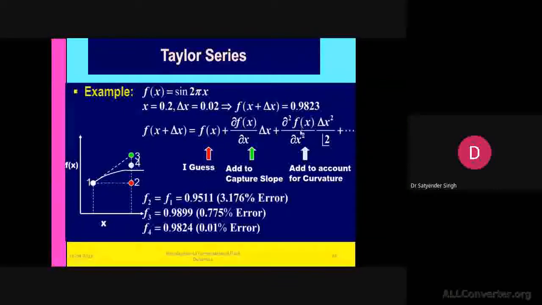For a second order differential, if we have to capture the curvature, let's say you have to capture the boundary layer that may be following a parabolic path, then a second order differential must be introduced in your equation.